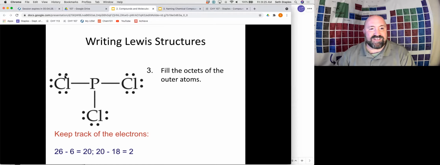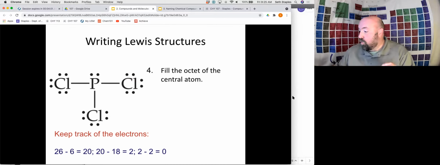So now we've placed another 2, 4, 6, 8, 10, 12, 14, 16, 18. So now we still have 2 more though. So what we'll do now with those 2 is fill the octet of the central atom. We'll place these 2 on the central. And so now we have a full octet.